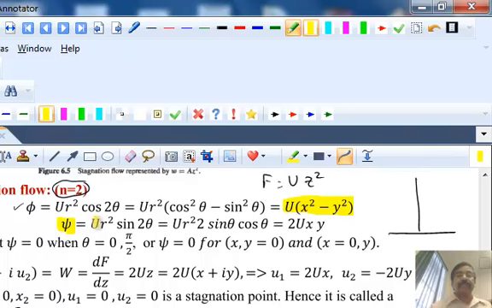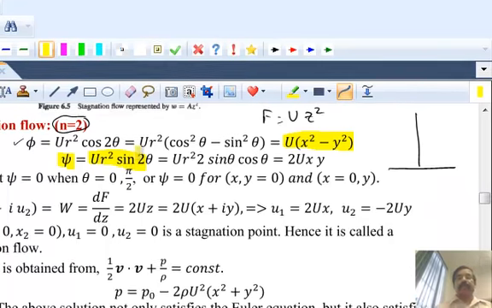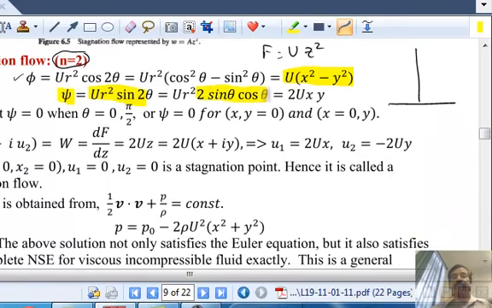Similarly, psi, from the previous expression with n equal to 2, is u r squared sine 2 theta, which using a trigonometric identity is 2 sine theta cos theta, which you can write as 2u times xy.